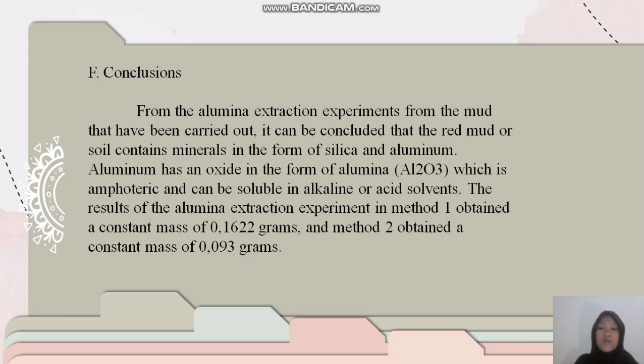The result of the alumina extraction experiment in method 1 obtained a constant mass of 0.1622, and method 2 obtained a constant mass of 0.0993 grams.